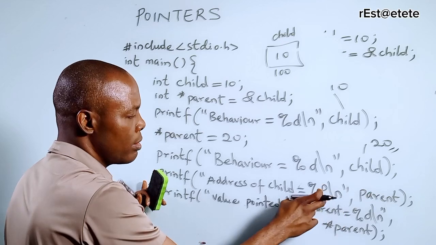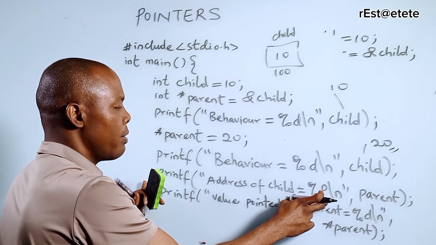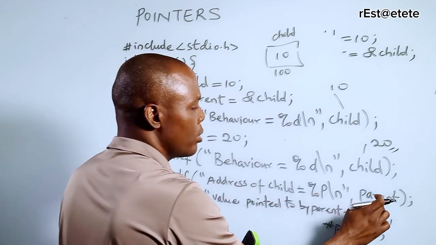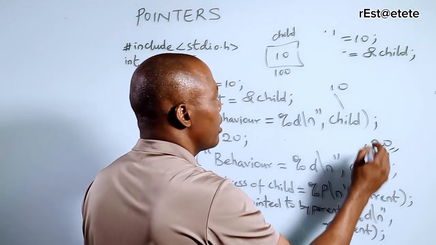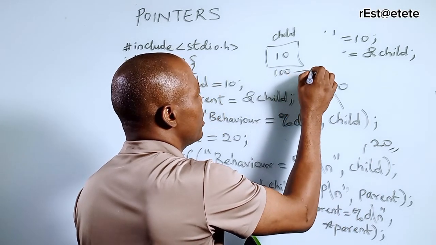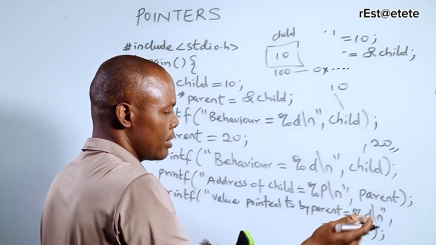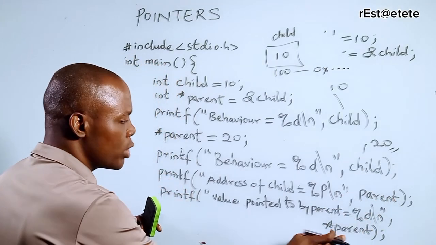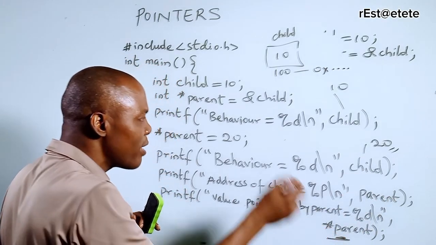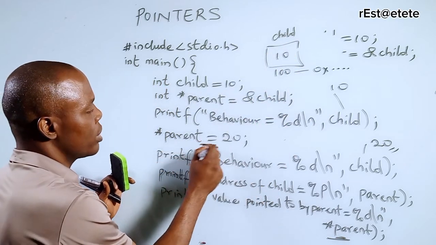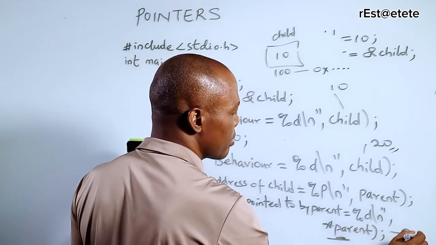Print it out in the normal process, which is hexadecimal. So this parent is going to print out this 100 in hexadecimal format, which is 0x, then whatever it is. That is what will print out. While this one will access the value that is stored in the child. But at this point, it has changed. So this one will print out 20.